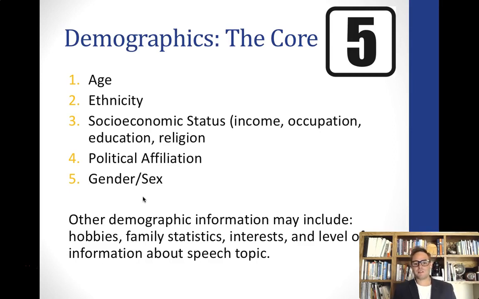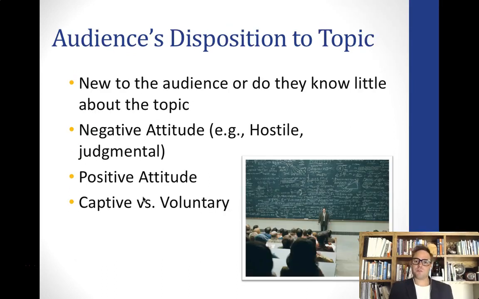And so we could look at hobbies, family statistics, interests, also the level of information the audience knows about our speech. So these are some things that we could do to gather more information about the audience and, again, how we can tailor our speech.